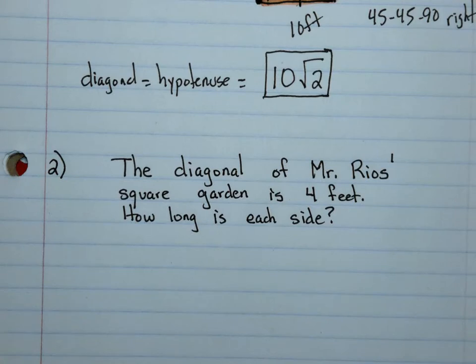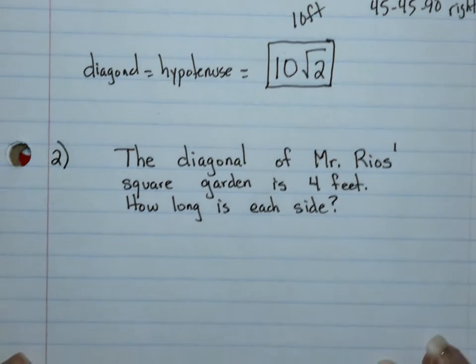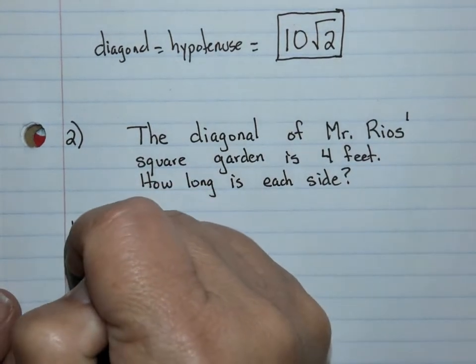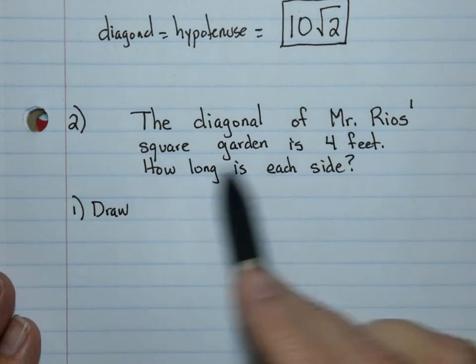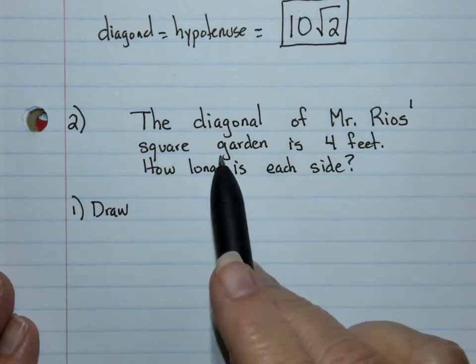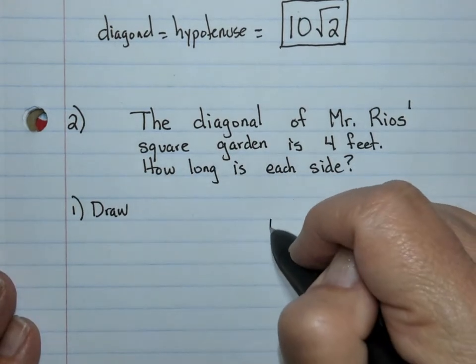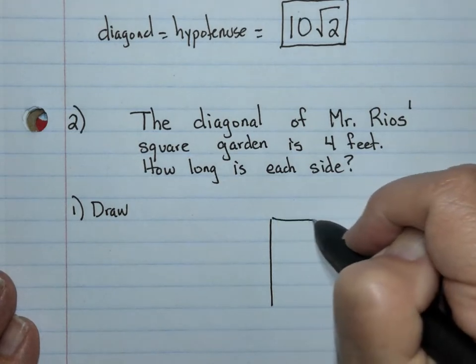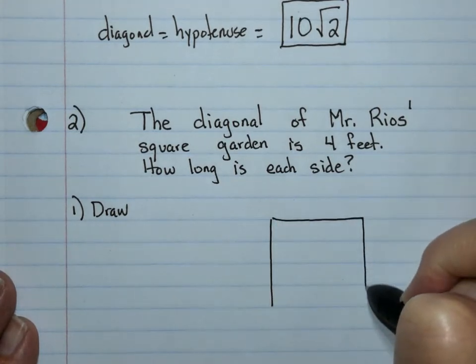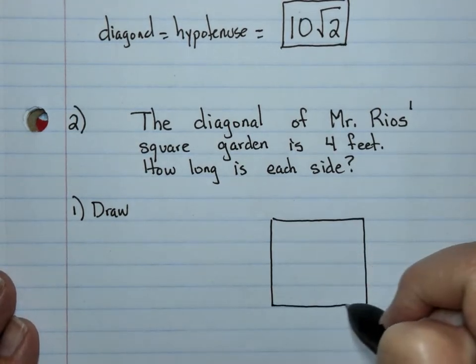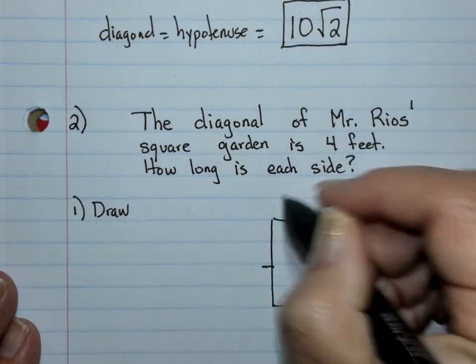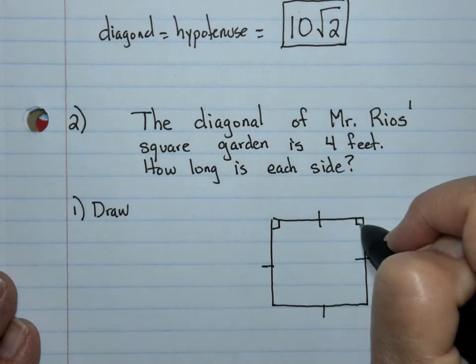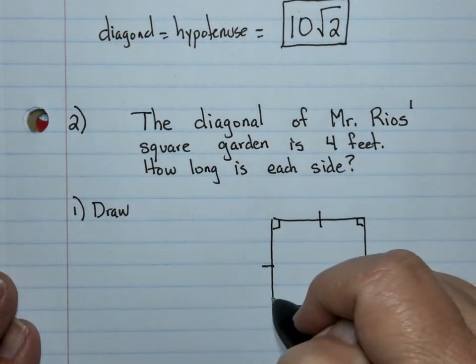How long is each side? So, again, step 1, draw a picture, and Mr. Rios has a square garden. So we're going to come draw a square like a geometry student draws a square with 4 congruent sides and 4 right angles.